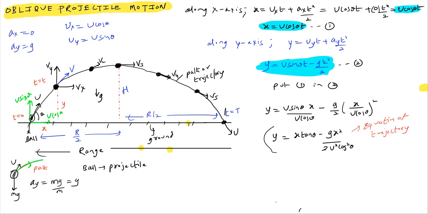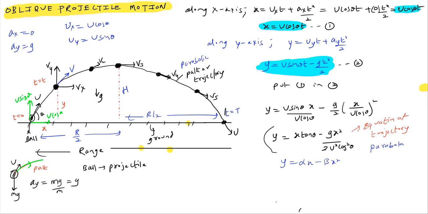It will move in a path. How does this equation represent a parabola? y equal to alpha x minus beta x square. So this equation of trajectory represents a parabolic equation. Therefore, what is the path of the trajectory? A parabolic path.